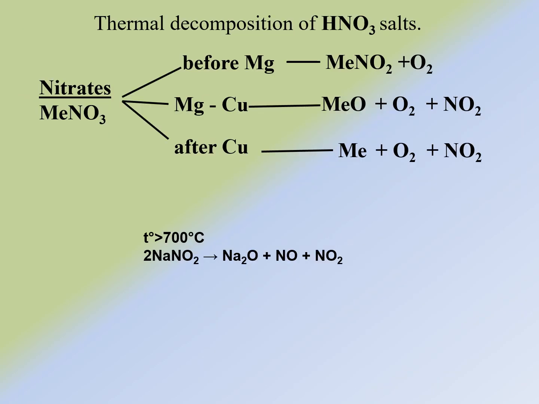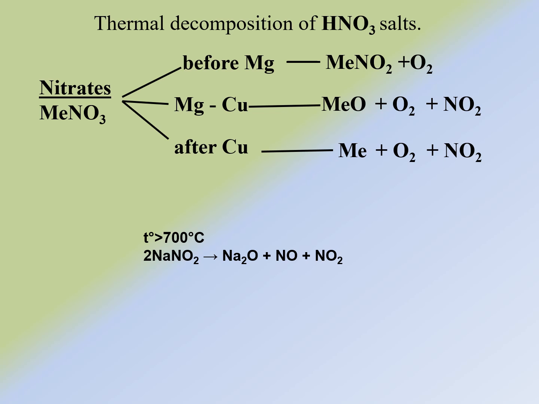The rule about the decomposition of nitrates. If a metal is situated before magnesium in the electrochemical series of metals, its nitrate during the decomposition will turn into nitrite, nitrate into nitrite, and oxygen will be released.